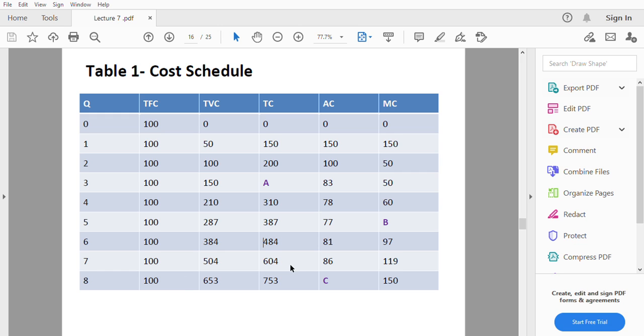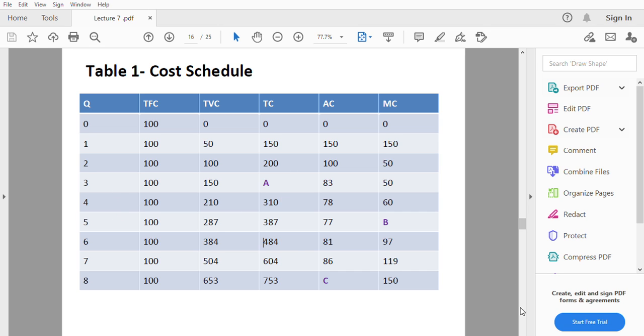And the last example, find B, marginal cost. Marginal cost is change in total cost divided by change in quantity. At the point where we are supposed to find marginal cost, total cost is 387. So that's the current total cost minus the previous total cost, all over current quantity minus previous quantity.